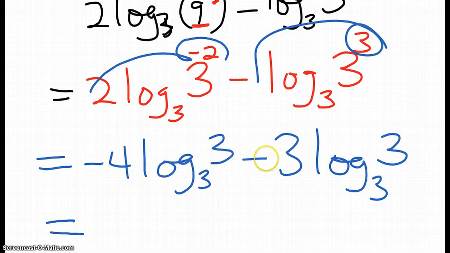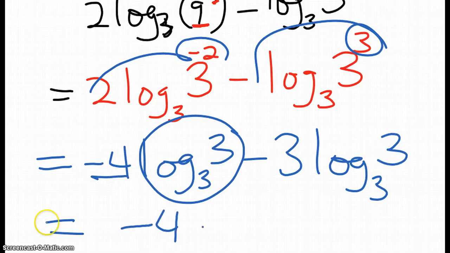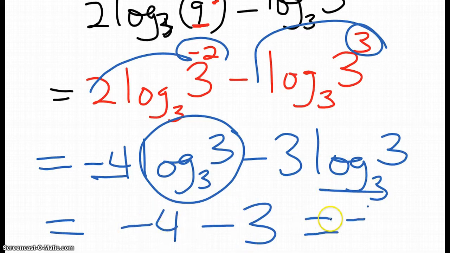Then one of our properties tells us that log of a number of the same base will give us 1. So that 1 times 4 will give us -4, and the same thing applies here, -3. When we simplify -4 minus 3, we have -7, and that is the answer.